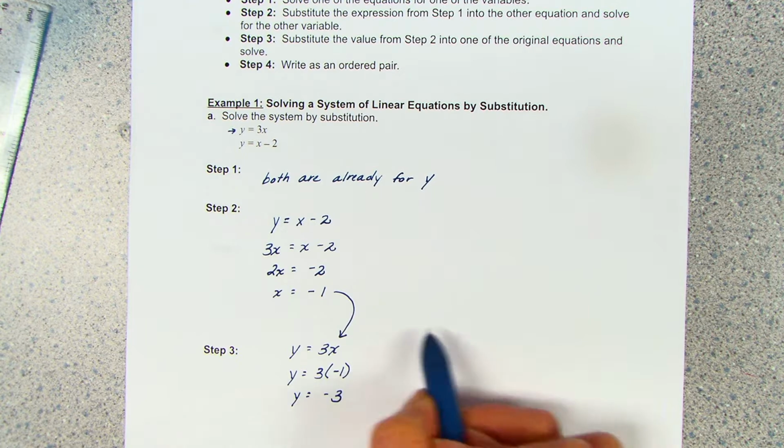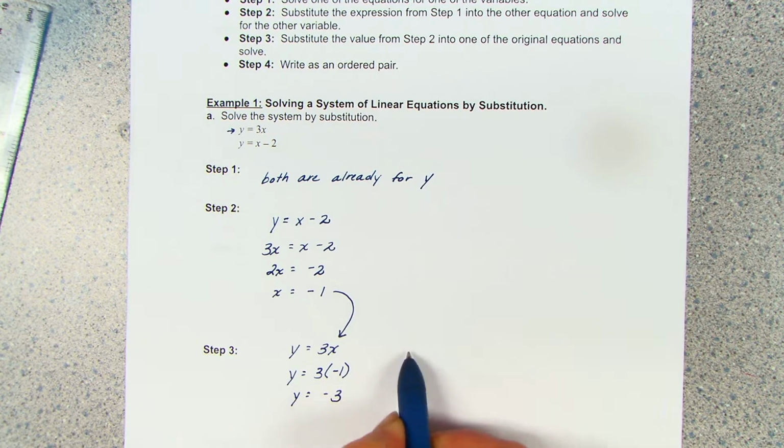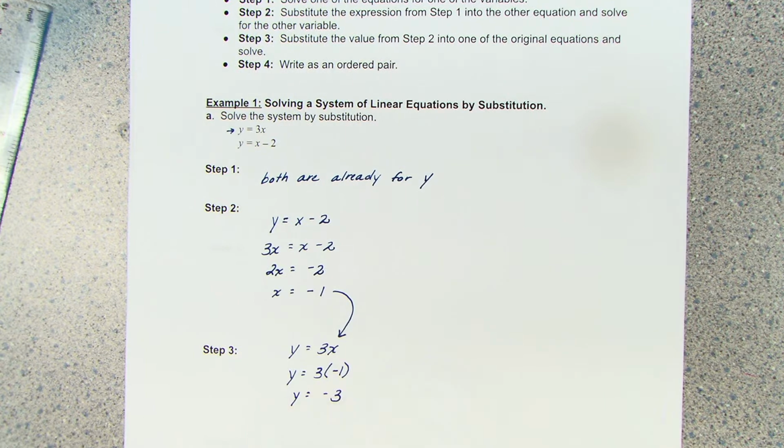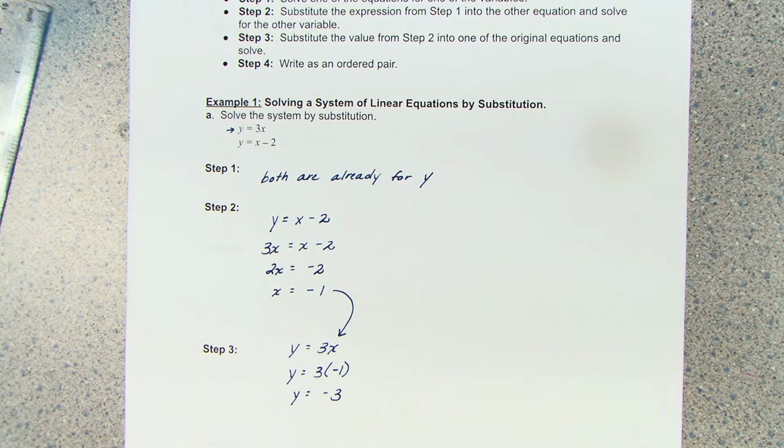Now I have an answer: my x value is -1, and my y value is -3.